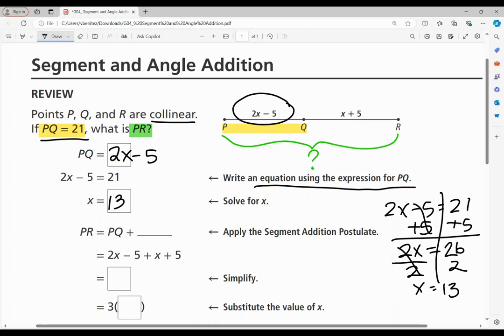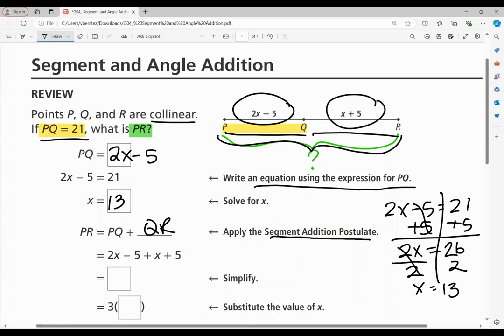Now that we know x is equal to 13, we're going to use the segment addition postulate, meaning we combine the different segments by adding them together, substitute in the x once we simplify, and solve for the distance from P to R. So PR consists of this whole entire section, which is from P to Q and then Q to R. We know that from P to Q it's 2x minus 5, and from Q to R it is x plus 5.